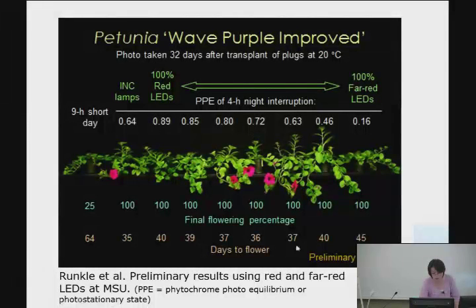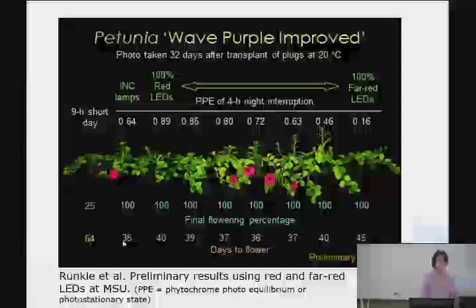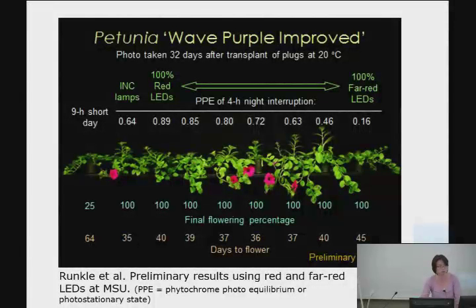But if you look at the time to flower, it's very slow and delayed under 100% far red, and relatively delayed compared to the positive control. So 40 days versus 35. A few days difference is very critical in scheduling floriculture crops. That's why we consider this very important.